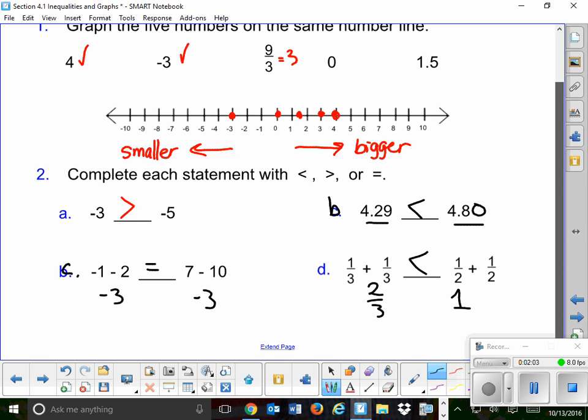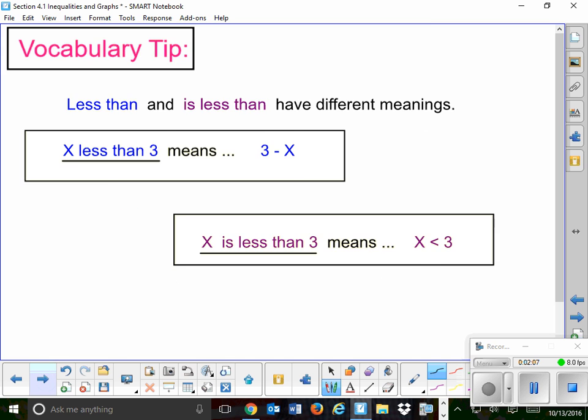So hopefully you got that done, and this is where it says to start watching the video. This is following along in your notes. We've done a lot of word problems where we'd say 5 less than a number, or x less than 3.